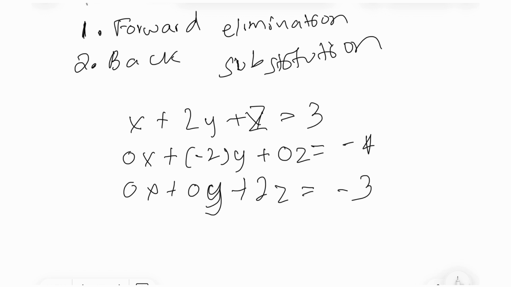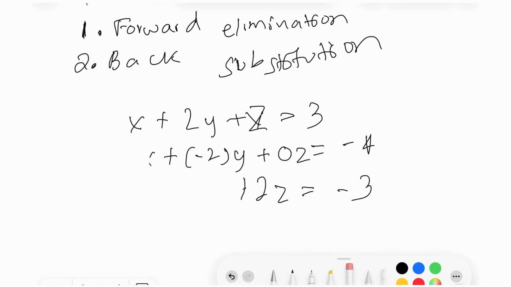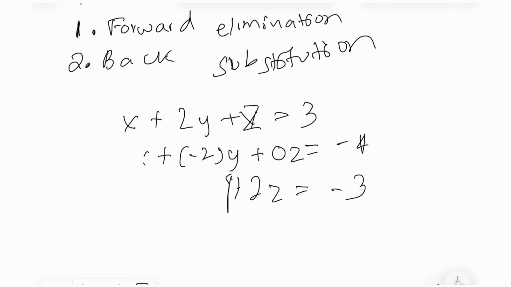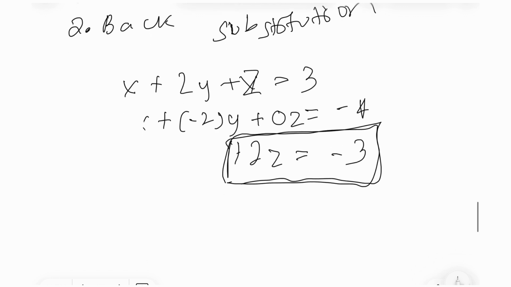Notice what we've done. 0x and 0y can just be erased from existence. Notice what we've done. The last equation, because this is row echelon form, has become this. We've transformed our last equation into a singular value.